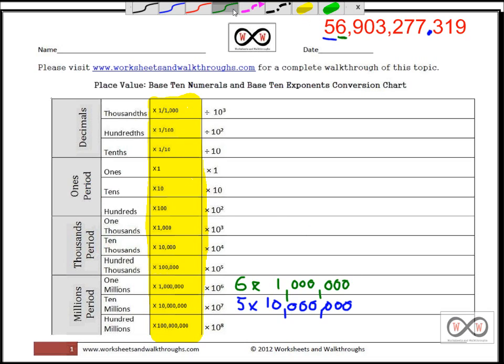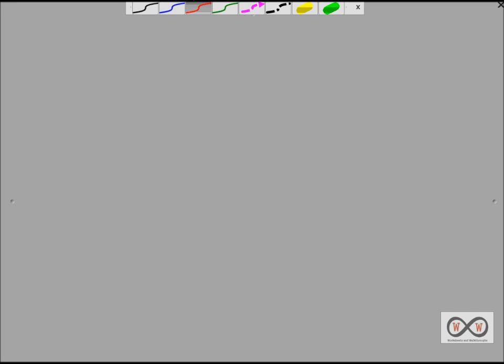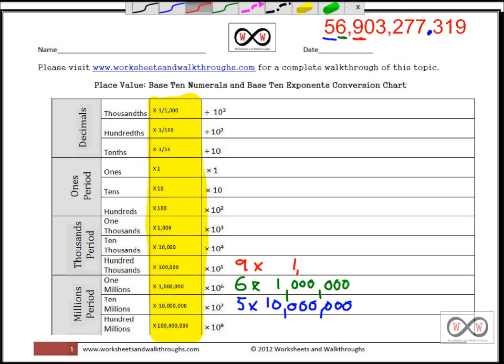And then we're going to move over to the next place, and we've got the digit 9 there, and that is in the hundred thousands place. So naturally, we're going to take that digit 9 and multiply that times, you probably guessed it, 100,000. Little technical difficulties there.